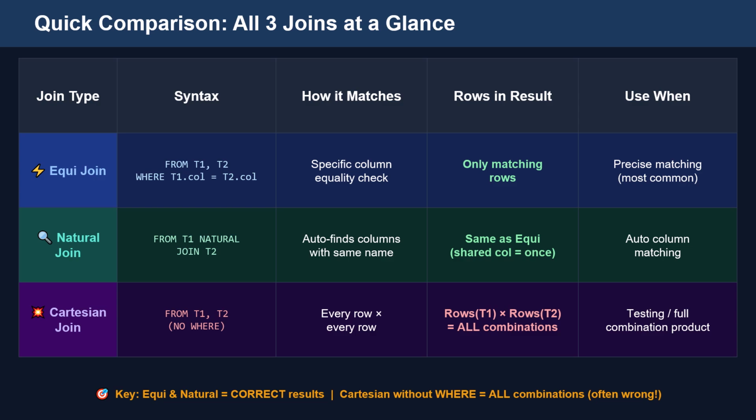Use when column names are identical. Cartesian join, no where clause, multiplies all rows from both the tables, can create huge meaningless results, use only for testing or when you intentionally want all combinations. Key rule to remember is if you see a wrong or unexpected huge result in a query, Cartesian join without where clause is almost always the answer.